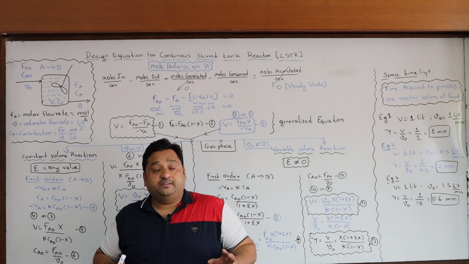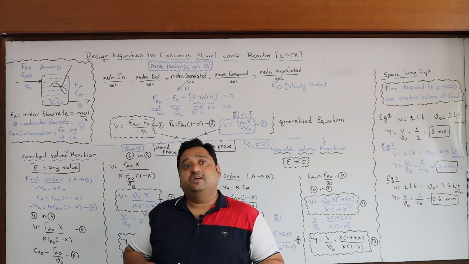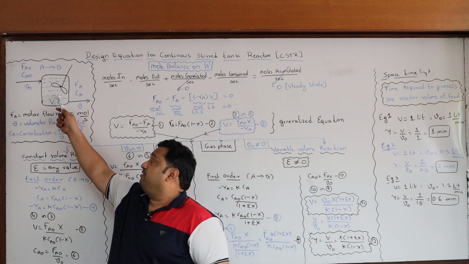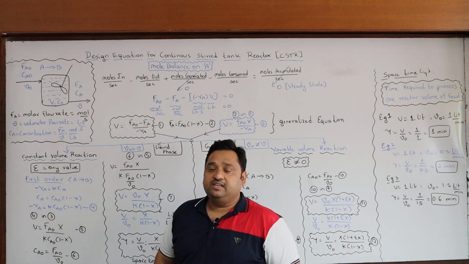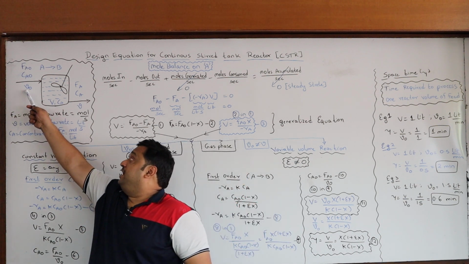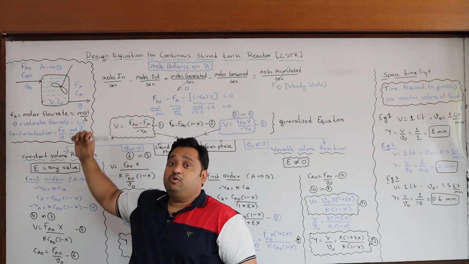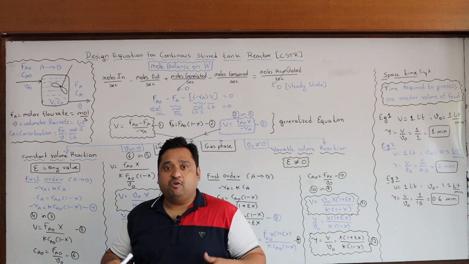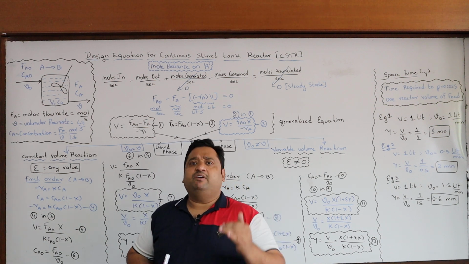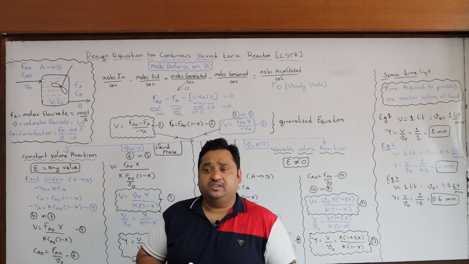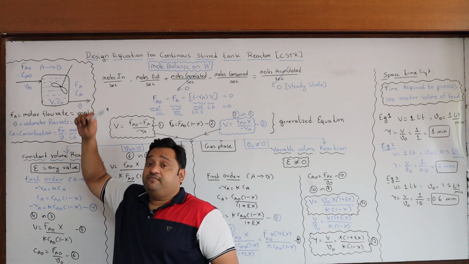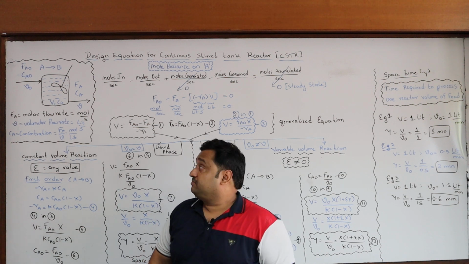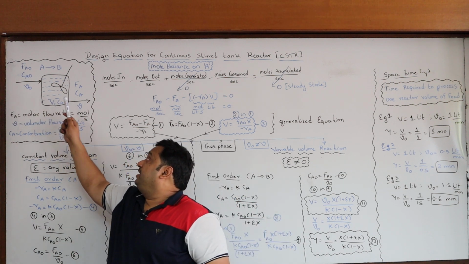Here the equations will differ depending on what phase the reaction is in. For example, if the liquid phase is inside the reactor, then the inlet volumetric flow rate will be equal to the exit volumetric flow rate.